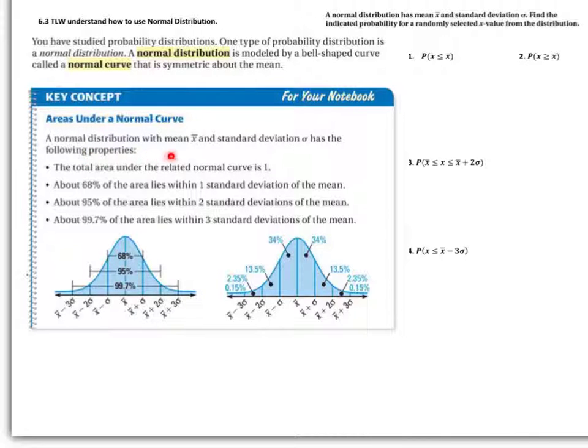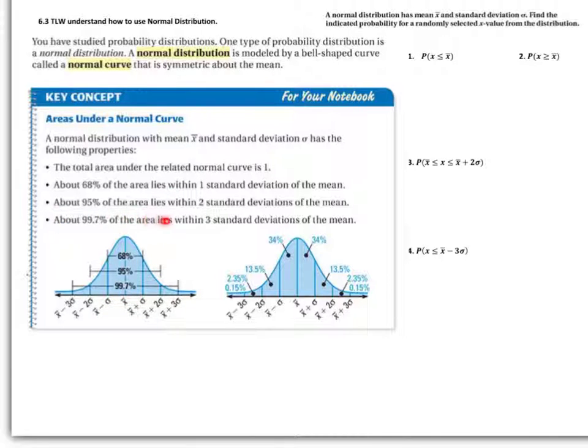A normal distribution with mean x and standard deviation has the following properties. The total area under the related normal curve is 1. So the total area under this is 1, or 100%. About 68% of the area lies within 1 standard deviation of the mean. Within 1, that means from the mean you go positive 1, negative 1.